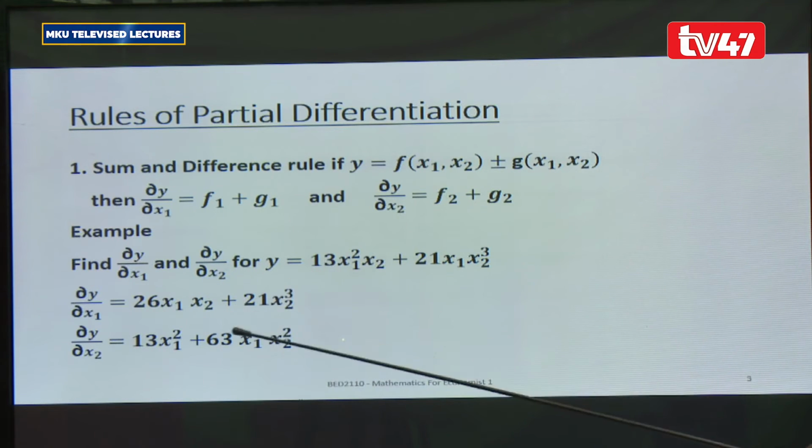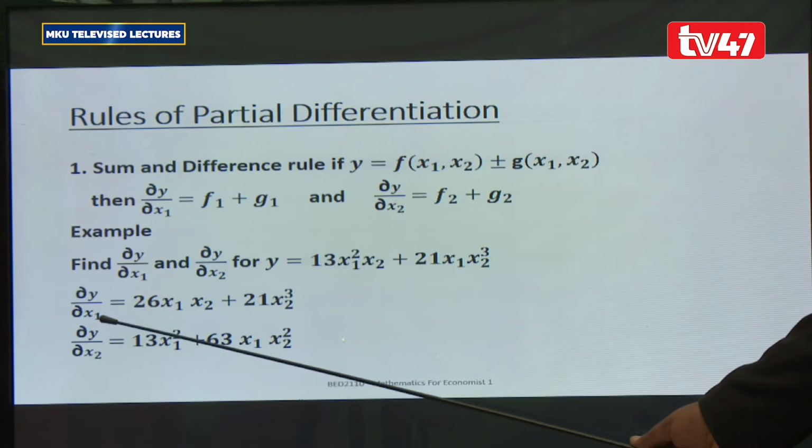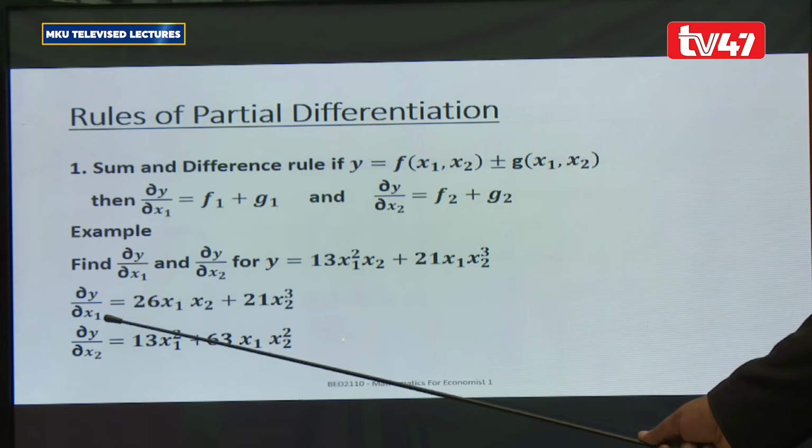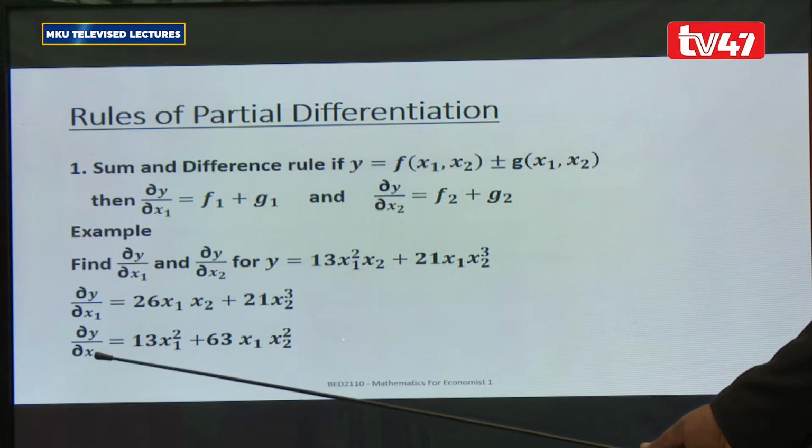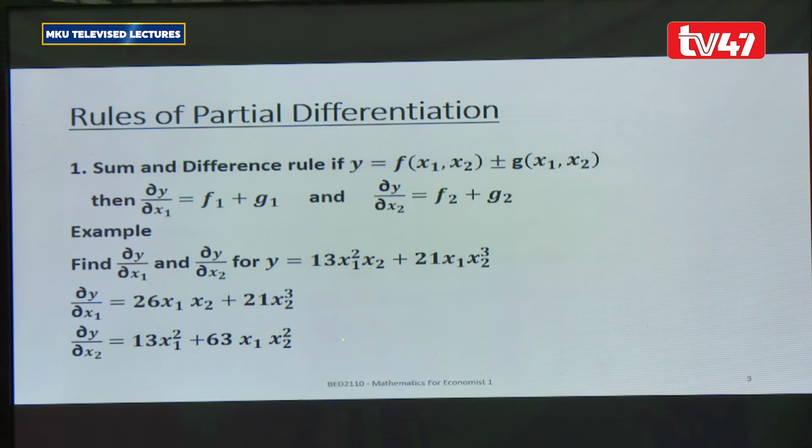So this is how the function is partially derived, or how we get the derivatives of this function with respect to x1 and with respect to x2. So if this function had a subtraction sign here, then it means that here we would have a negative and here we would have a negative.